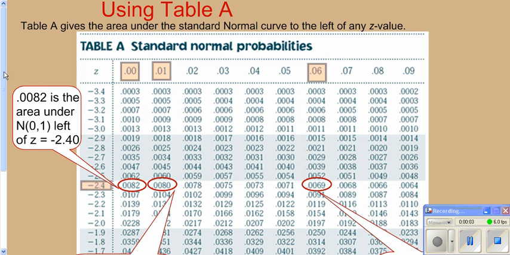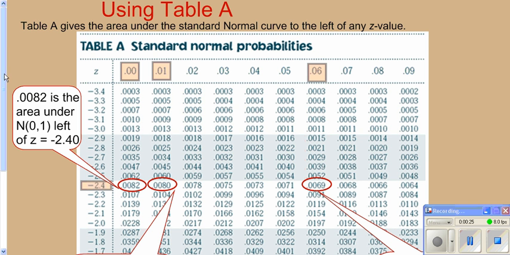Now we're going to take a look at density A, the standard normal table that allows you to figure out the area underneath your curve, or the percent of data that's underneath your curve to the left of a particular value for your z-score, for any z-score, not just a z-score of 1 or 2 or 3.